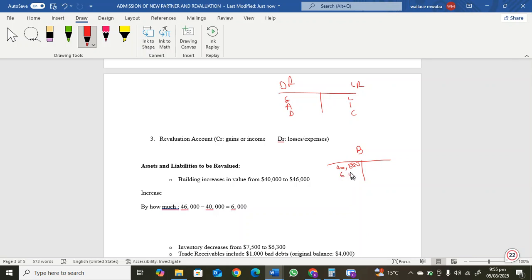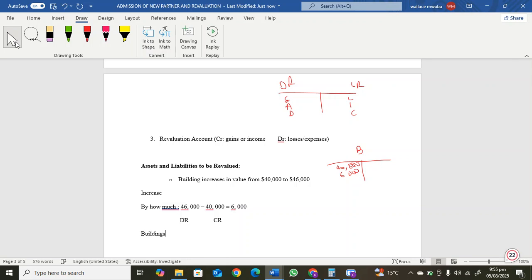So you need to debit here so that the balance on the building account should be 46,000. So you debit buildings 6,000. And as I said, any gains or income, you credit the revaluation account, 6,000. Any questions before we move to the next one?